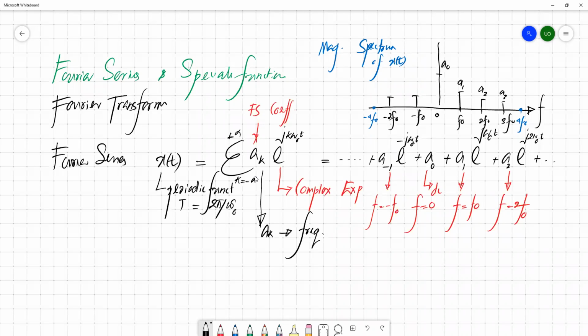The Fourier series coefficients give the exact contribution of each individual frequency. So we can claim that A_k represent the frequency domain effects.